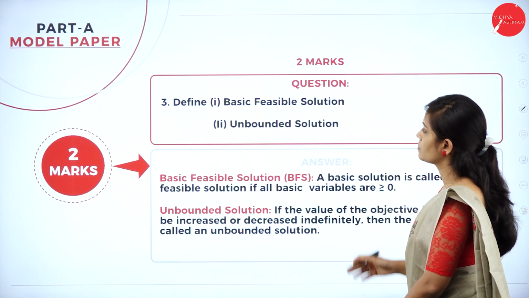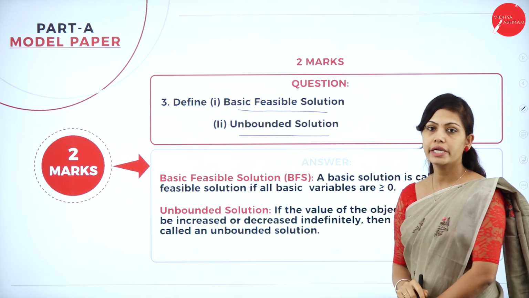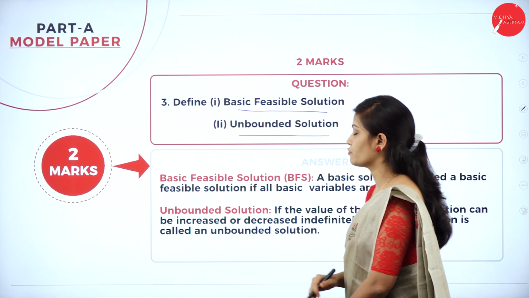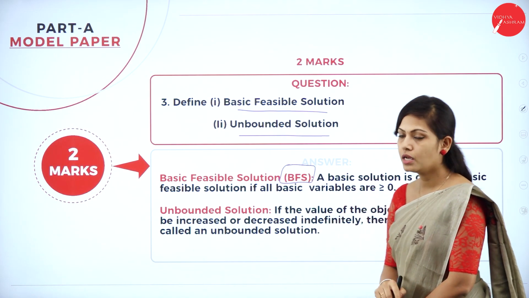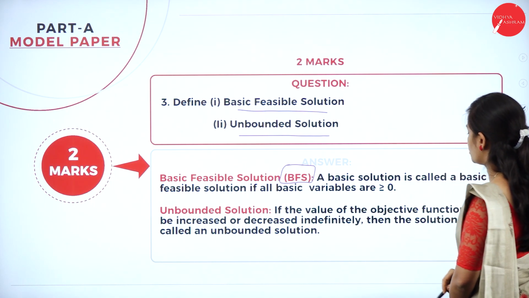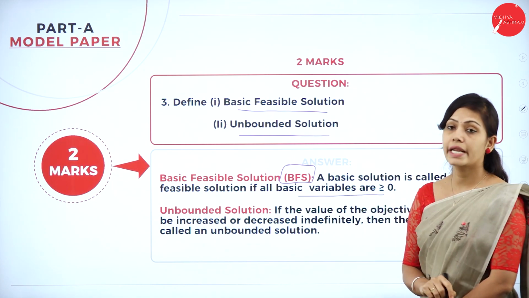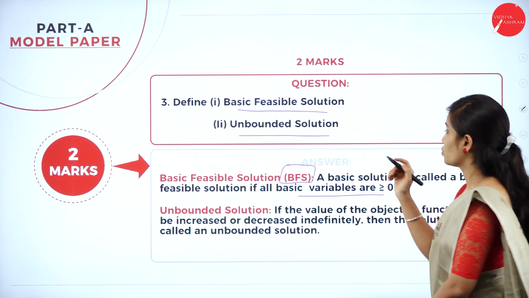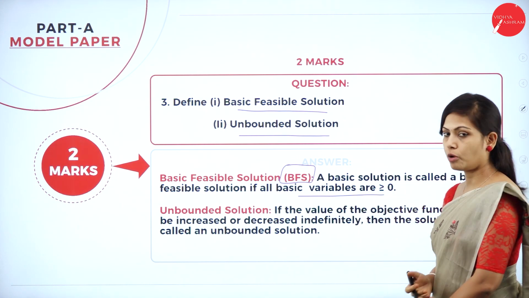And the next one is define basic feasible solution and unbounded solution. What is this basic feasible solution? It is called BFS, basic feasible solution. A 2 marks question. A basic feasible solution is a solution in which all basic variables are greater than or equal to 0. I hope you have understood the simplex method and LPP problems, right?